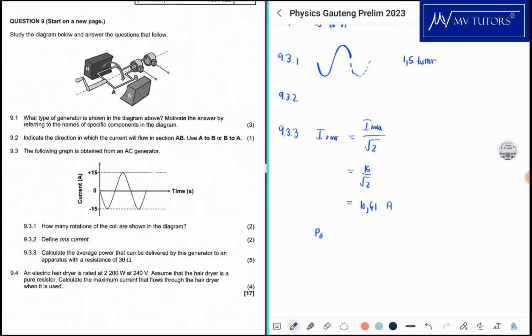And then average power is equal to your I squared, but this is now IRMS squared multiplied by the resistance. So we have 10,61 squared multiplied by the 30 ohm.